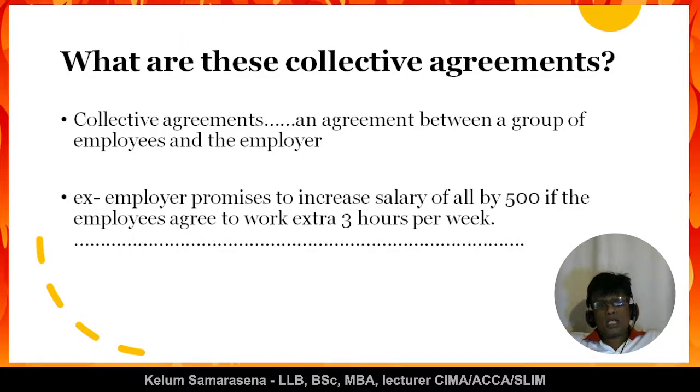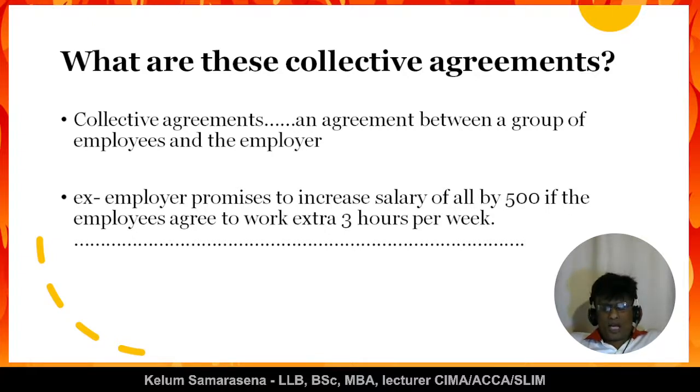Now, once an employee joins a job, he might get together with other employees to make up some agreements with the employer. So they are both the parties. That means the employees collectively and the employer on the other side, individually or whatever. They may make up agreements and they are also okay. You call them collective agreements.